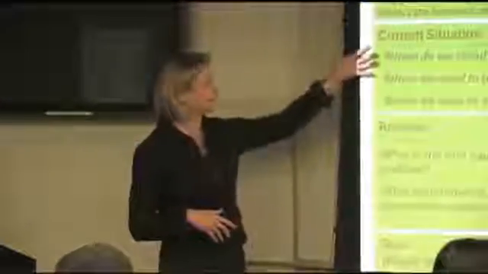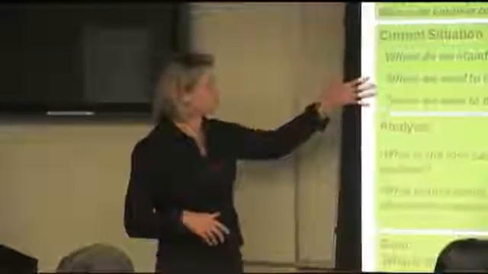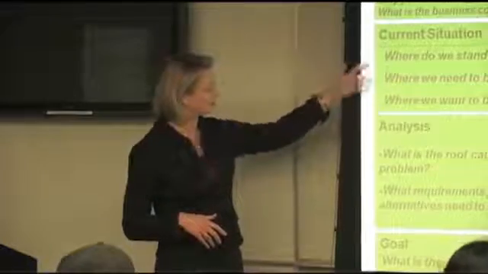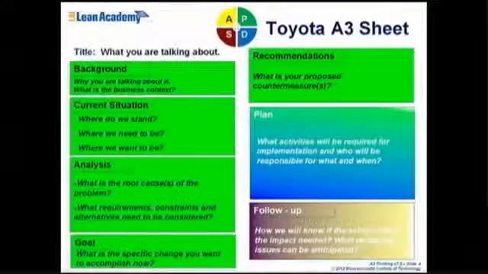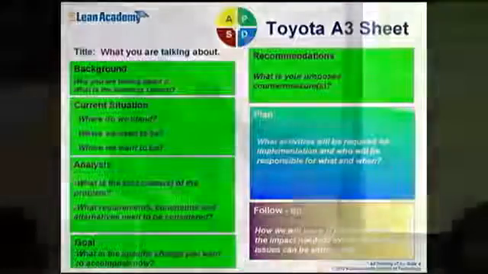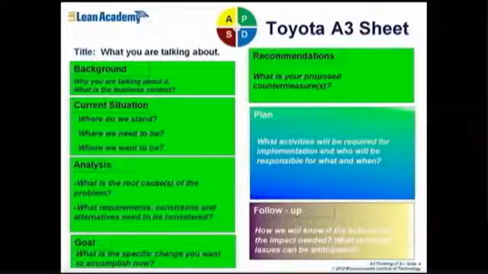Sometimes a picture and some couple of phrases of word text may be all that you need. Then there's some analysis usually done, trying to get at really what's the root cause of the problem you're seeing, requirements, constraints, or alternatives that have to be considered. And then lastly, down here, although it's sliding off the page, is the goal. So what's the specific change that you want to accomplish now?